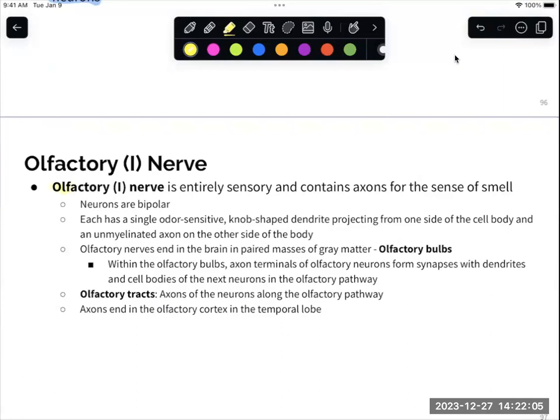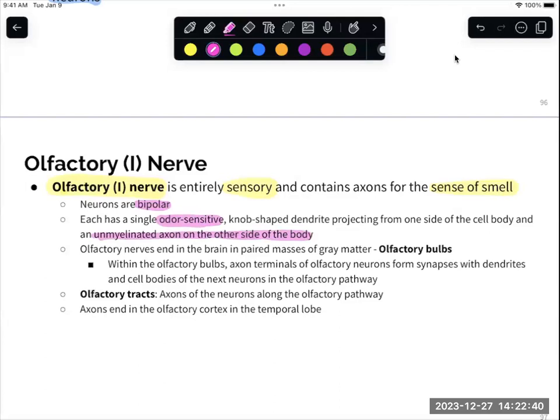So cranial nerve 1 is known as the olfactory nerve. It is sensory. Olfactory has to do with smell. These neurons specifically are those bipolar neurons that we mentioned in chapter 12, and they are going to detect odors. These are unmyelinated axons, so this information does travel somewhat slowly.